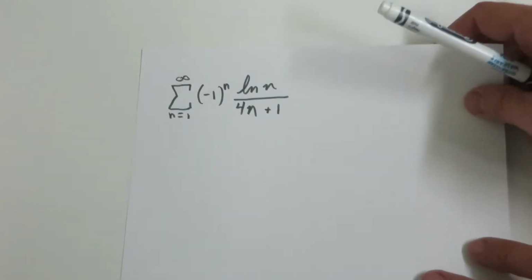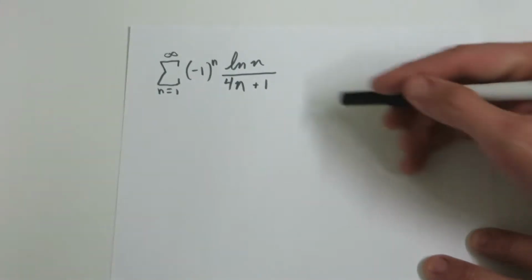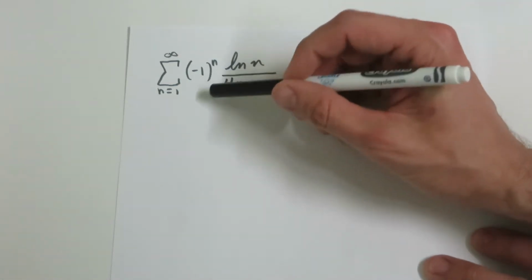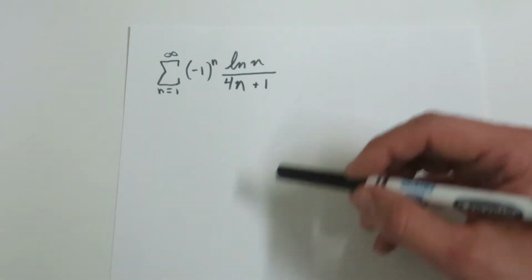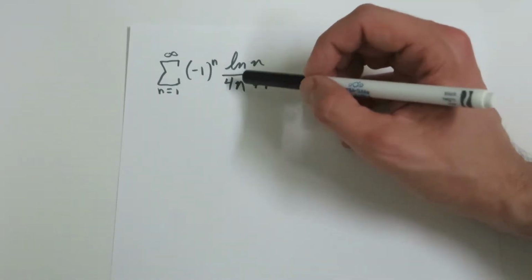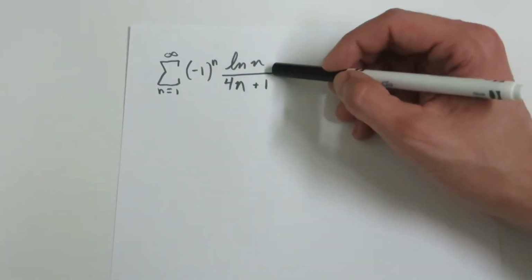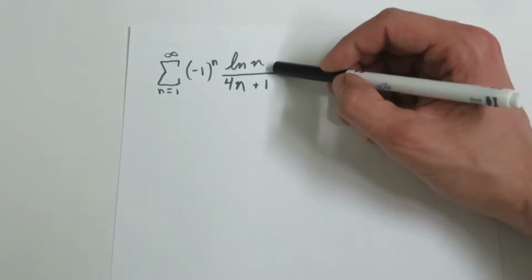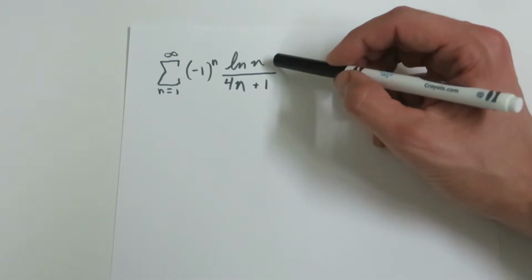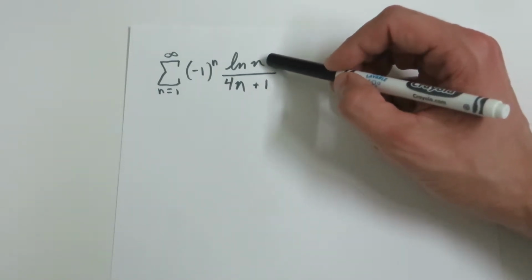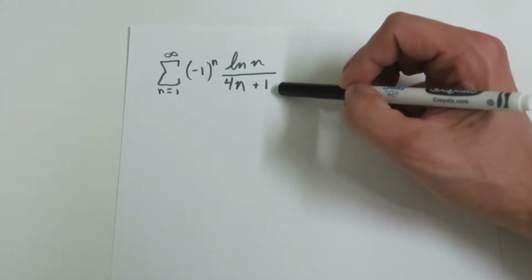So let's do an example here. Here we have the series. It's an alternating series from n equals 1 to infinity of (-1) to the n. That's the alternating part. And then the positive, or non-alternating part, is ln of n over 4n plus 1.